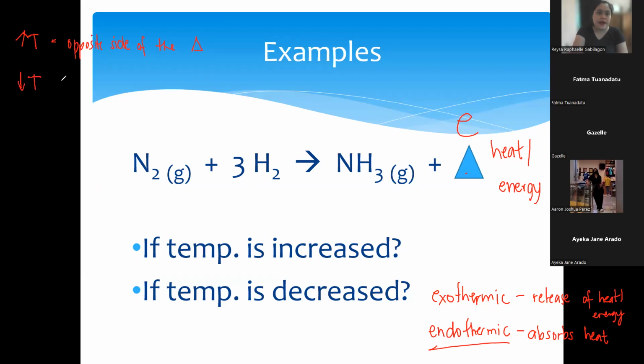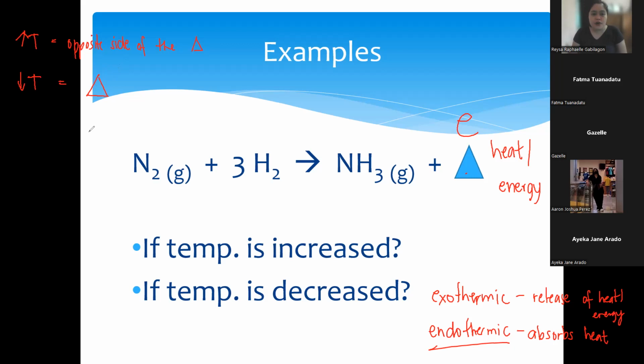Pero pag bumaba yung temperature, the shift will be favoring the side wherein you can see the heat or the energy. So I hope that is clear. Summarize natin para madali siyang maintindihan. This is according to the Van Hoff's law. Again, that law is just a special application of our Le Chatelier's principle.